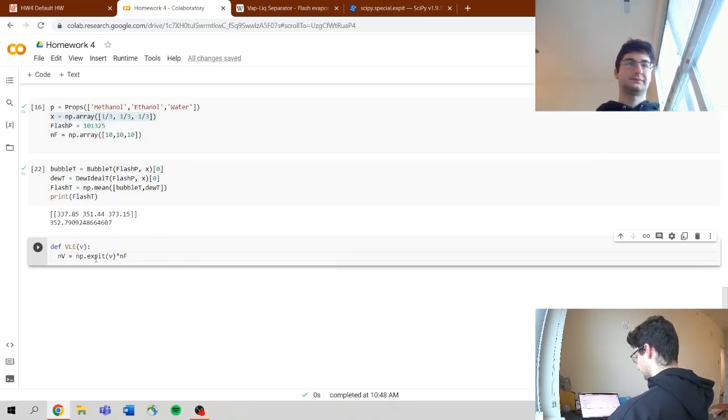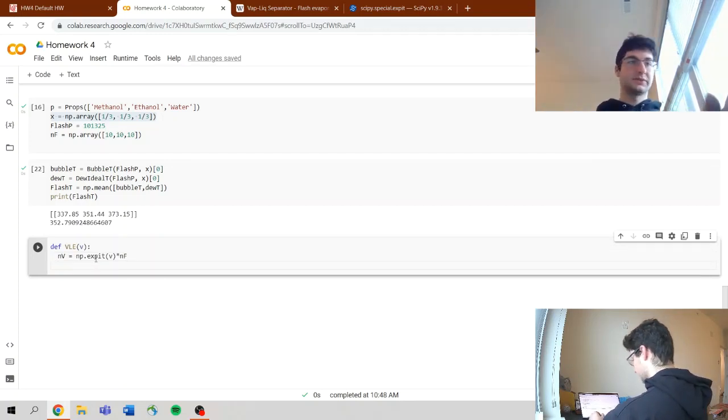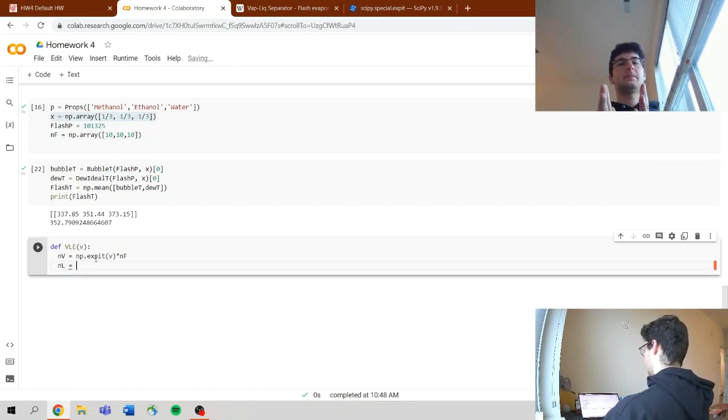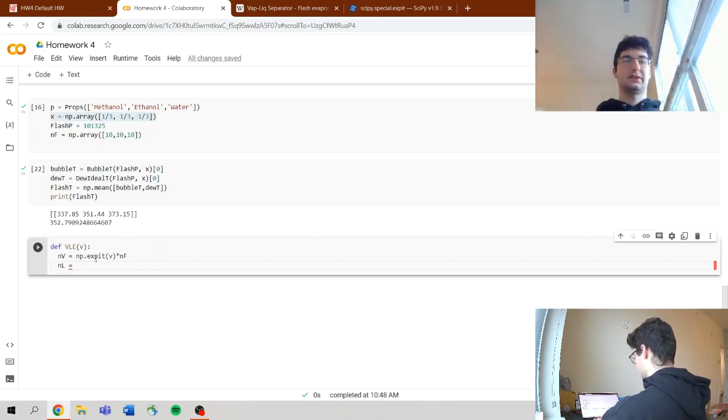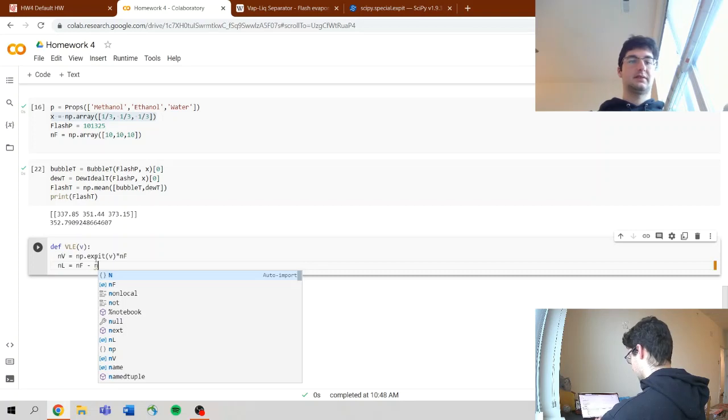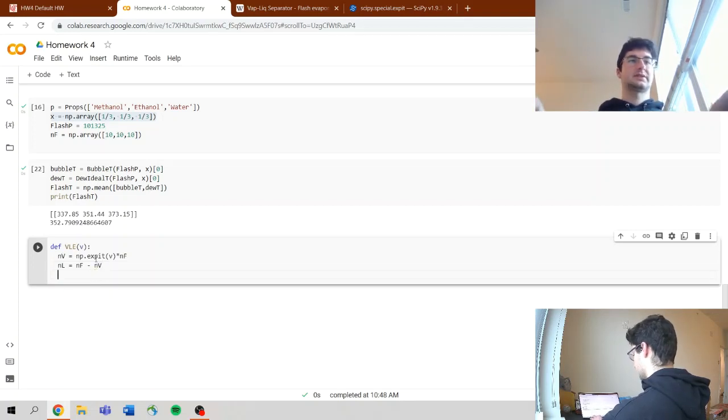Okay. And once we have our moles as a gas, then getting the moles of a liquid is basic material balance, which is just feed minus vapor is liquid.